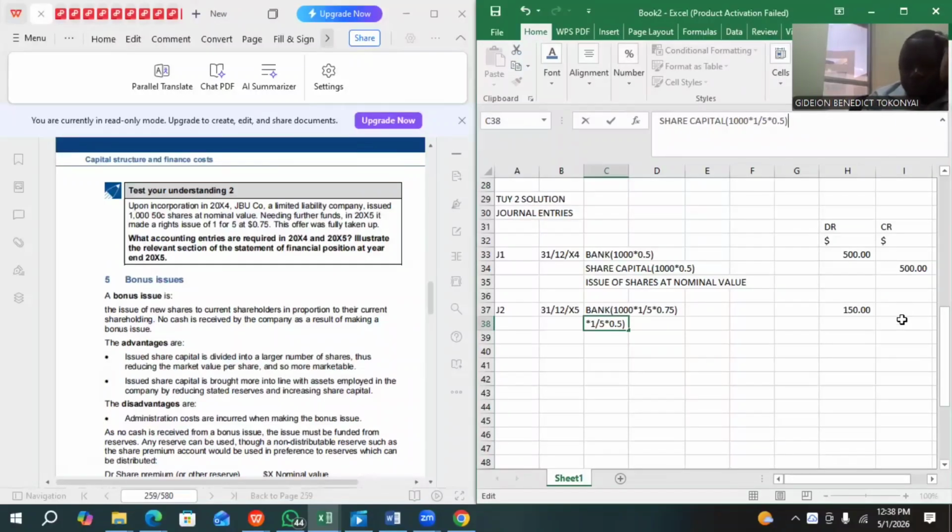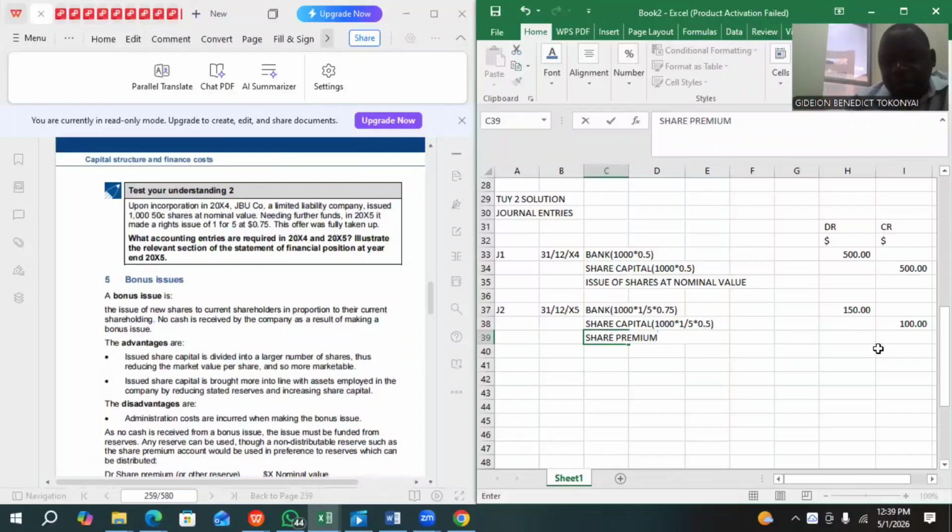So that's 1,000 multiplied by 1/5, multiplied by 0.5. That's how we do it. Then you get 100. Then you credit share premium.